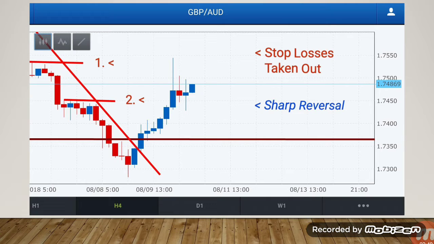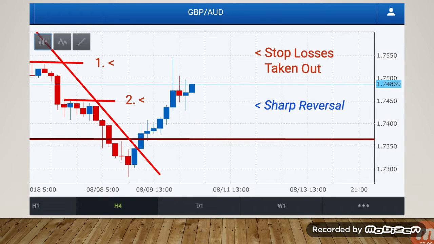So if you were not aware of the fact that the market was approaching a major support point, if you're trading only on the smaller time frames, or even if you're on the larger time frames but did not see that support point, you would have been affected by this pullback that is now taking place at the support point. So a fairly strong and steady reversal has now taken place.